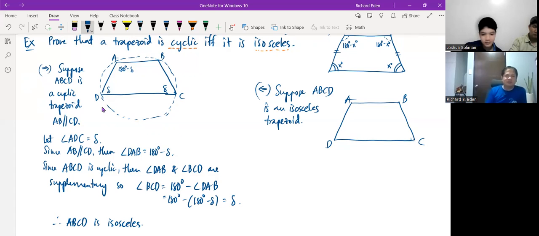But we start with the fact that this is an isosceles trapezoid. First off, it's a trapezoid, so two sides are parallel. Let it be AB and CD. Let this angle be delta.